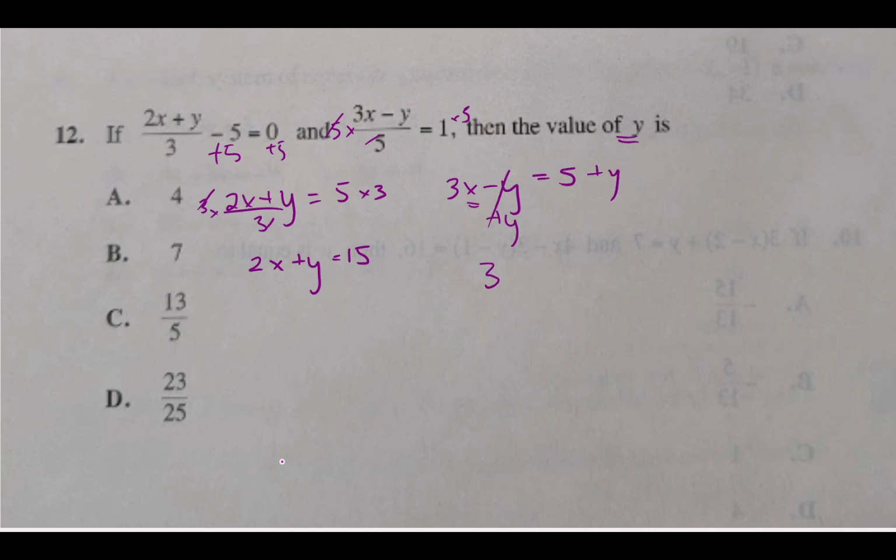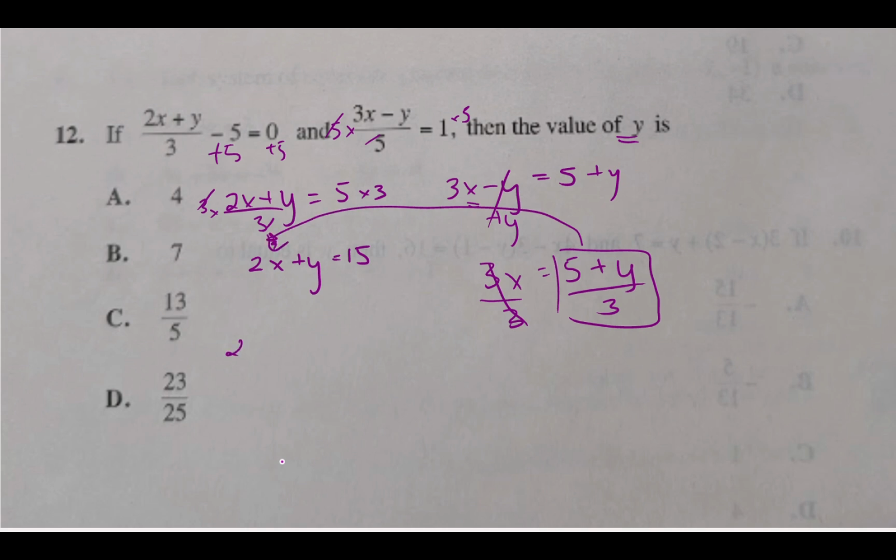So you have 3x equals 5 plus y, and then divide both sides by 3. Now x is alone, and now I know what x equals. I can take that and plug it into x of my first equation. So I would have 2 times (5 plus y) all over 3 plus another y equals 15.